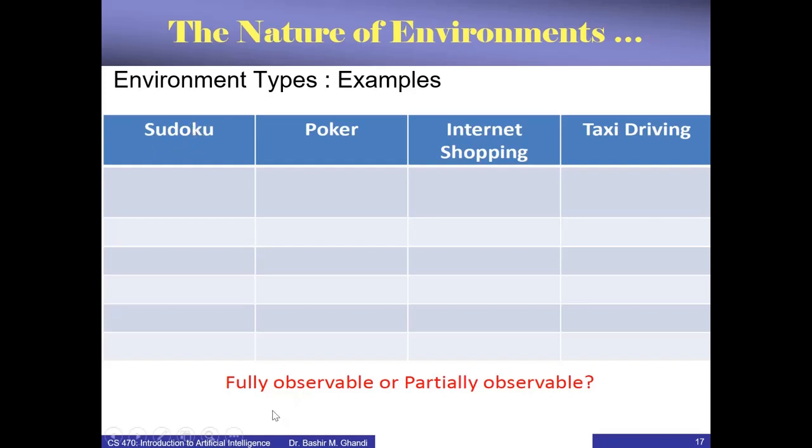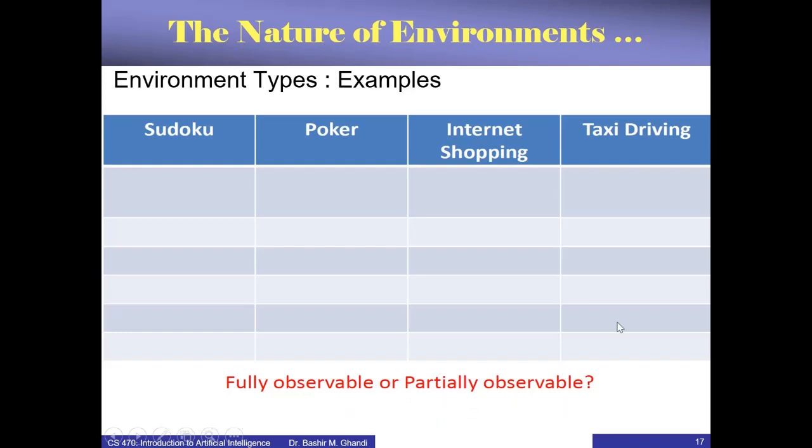So starting with fully observable or partially observable, how will you categorize these 4 different agents? Do you think they are fully observable or partially observable?